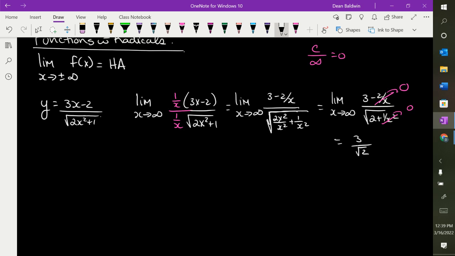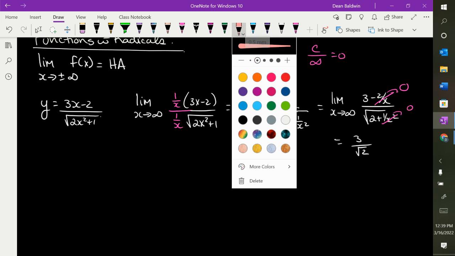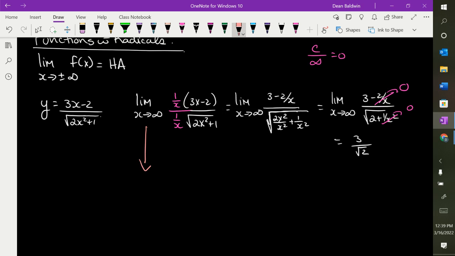Now we can look at it as we go to negative infinity. It's not going to be worse, just a little different. Same question, except now the limit as x goes to negative infinity. Should we rationalize that? Yeah, you can if you want to.